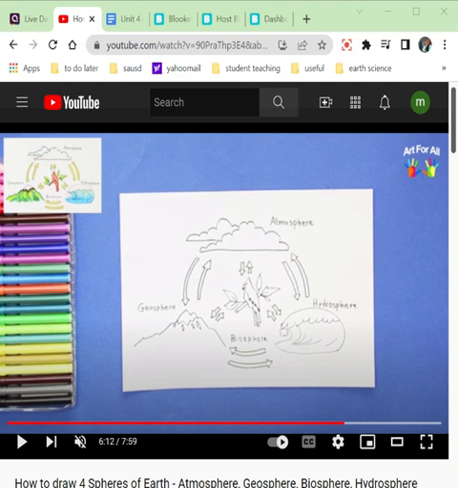Let's do an example down here. With the hydrosphere. Let's do hydro to bio. Not bio, geo.